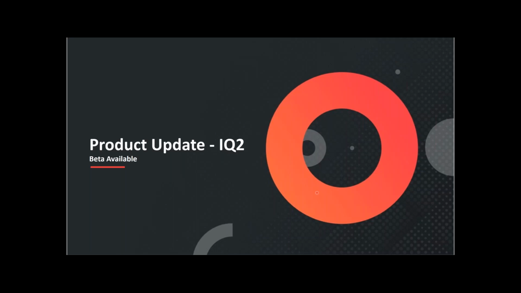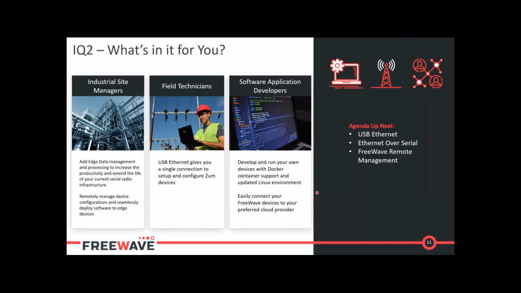We're now going to talk about IQ2, which is about to be coming out. Right now, it's available in beta form, and it has updates for a lot of our different customers and users. First up is industrial site managers.